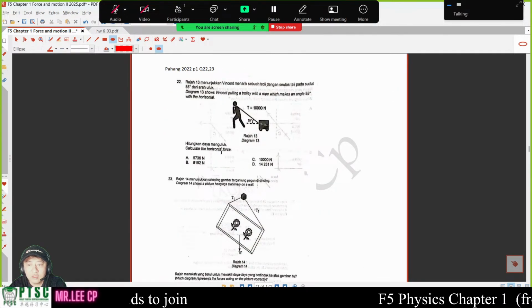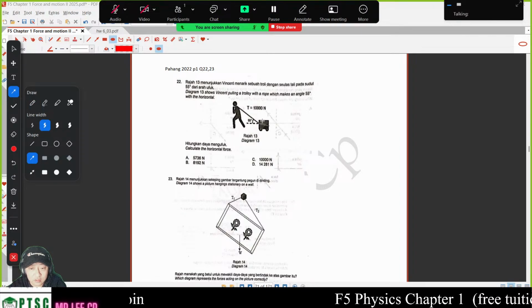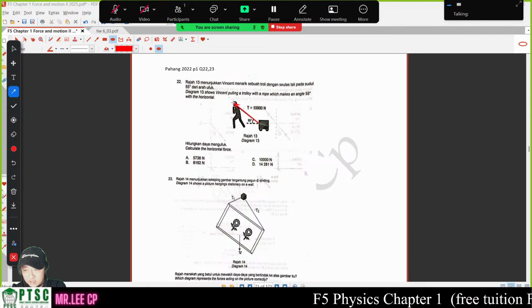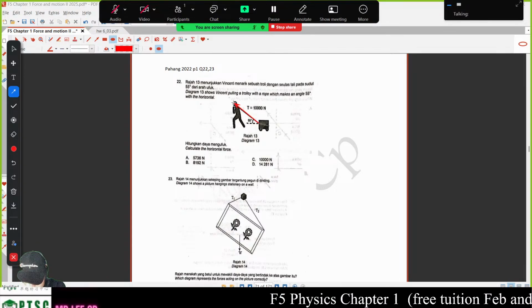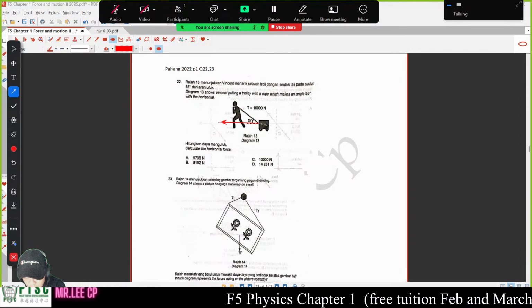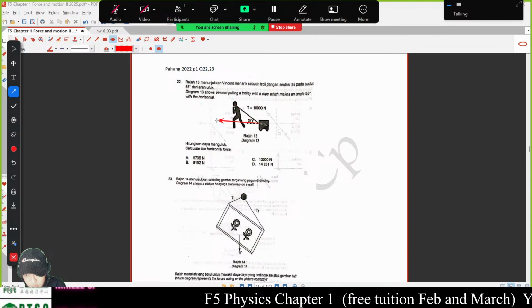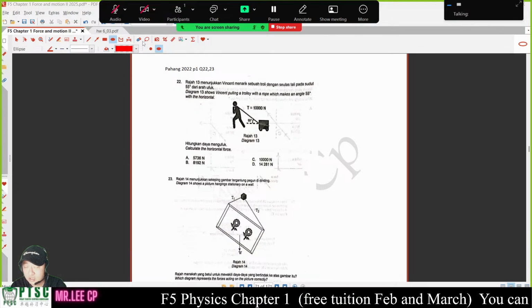Now, calculate the horizontal force. Horizontal force here is 10,000. Now, touch or not touching? Horizontal means Fx. Horizontal touch, so we use cos.